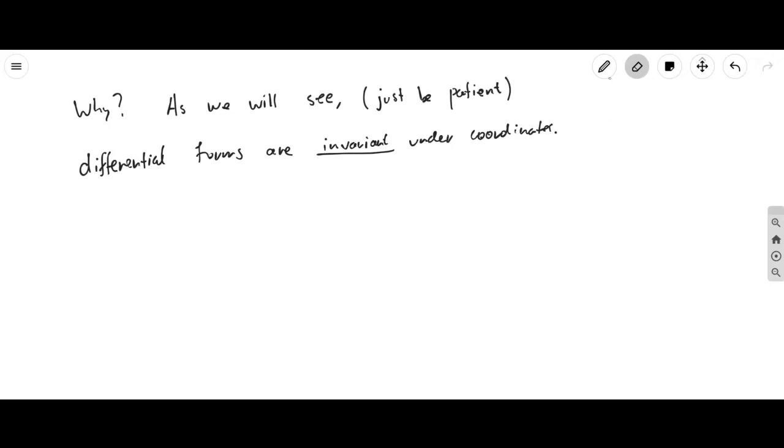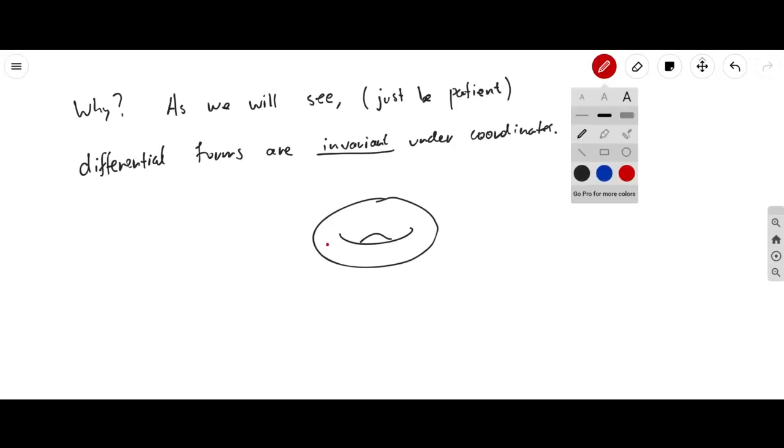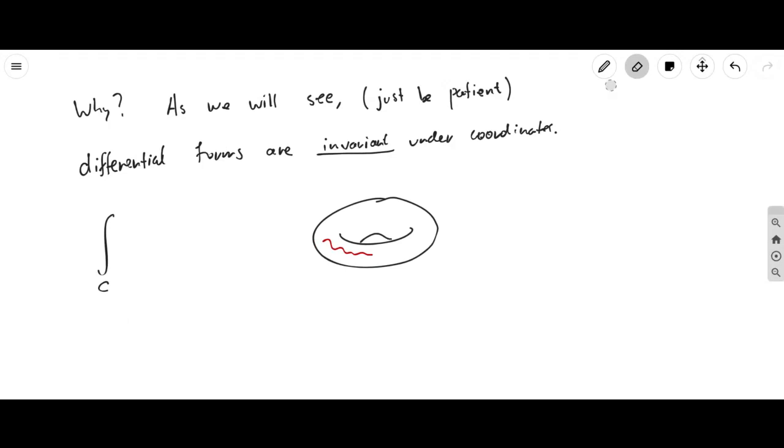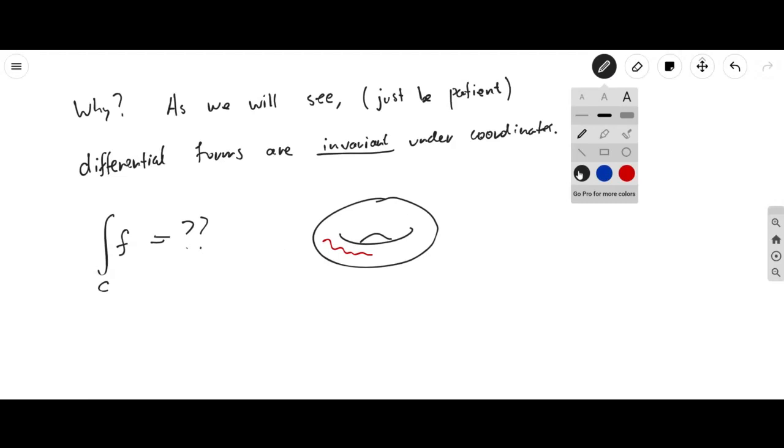So for instance, let's go back to the torus again. So here's our torus. Let's say we have a curve on the torus. And I ask you, how would you integrate over that curve? So you have your curve, some function f. Well, the issue would be is you can map this curve back into a chart.